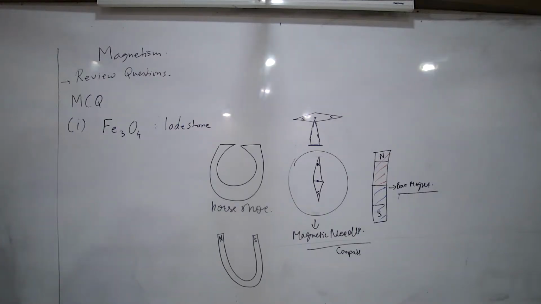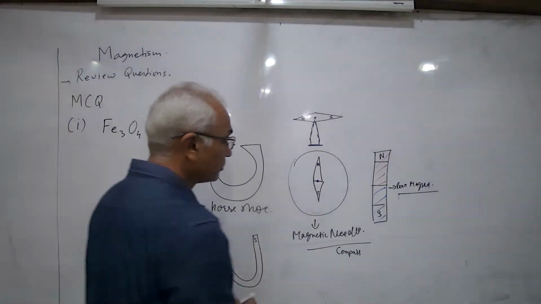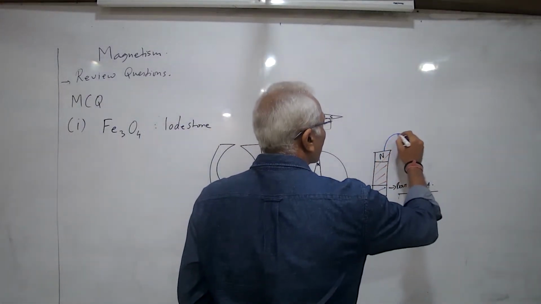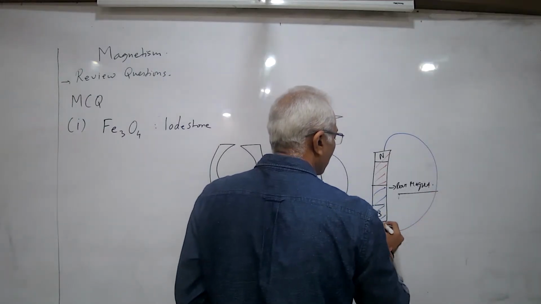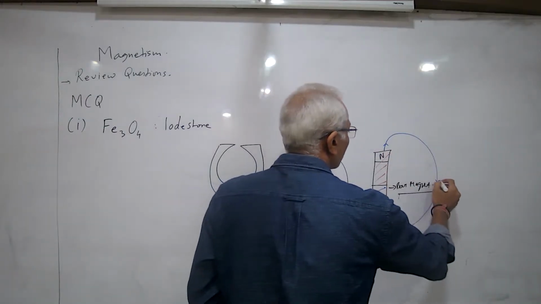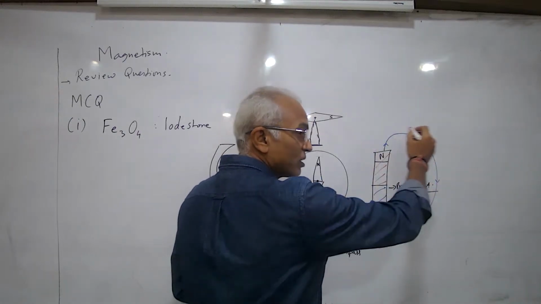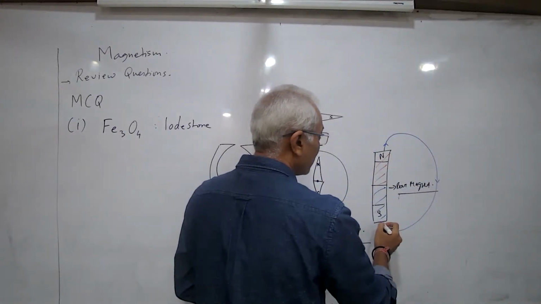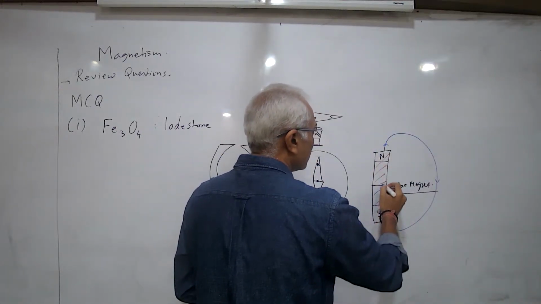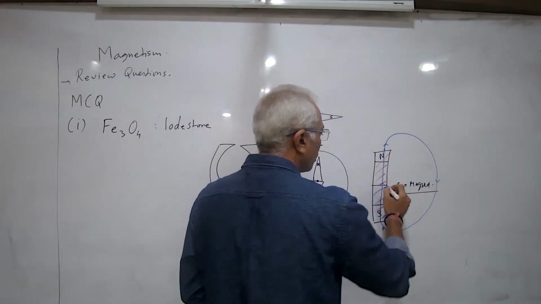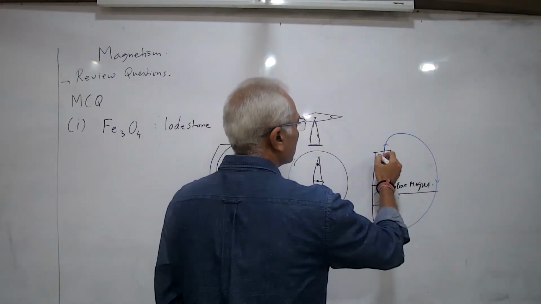From the north pole the field will come out, and it will enter into the south pole. So this is how you will show direction. Outside the magnet it is north to south, and inside the magnet it is south to north. Understood?